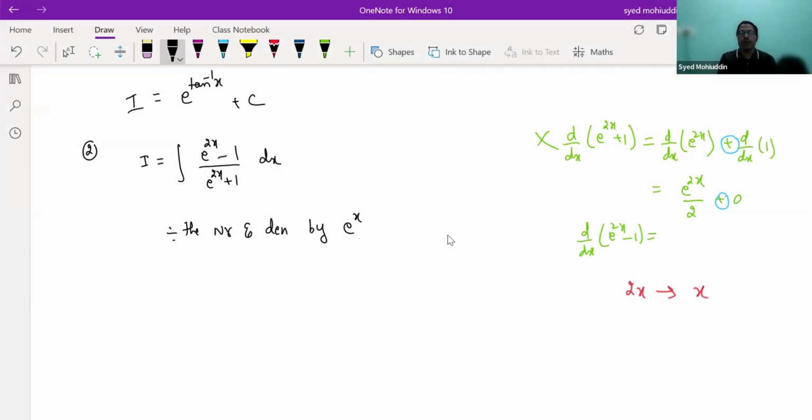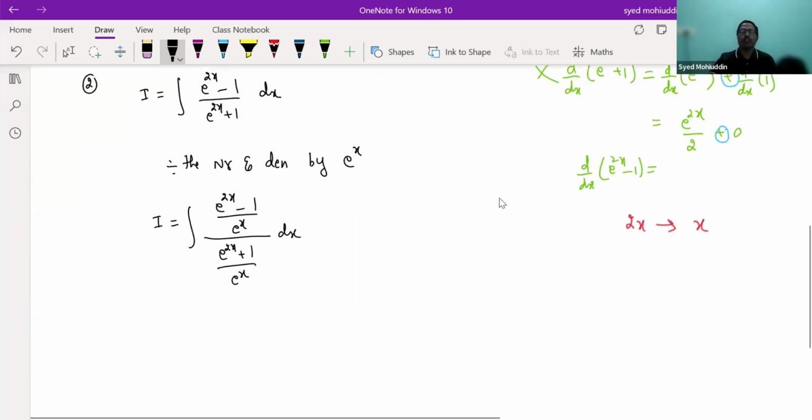So then we'll be getting I is equal to the integral of (e power of 2x minus 1) divided by e power of x, whole divided by (e power of 2x plus 1) divided by e power of x, into dx.